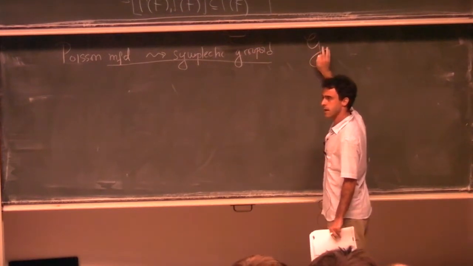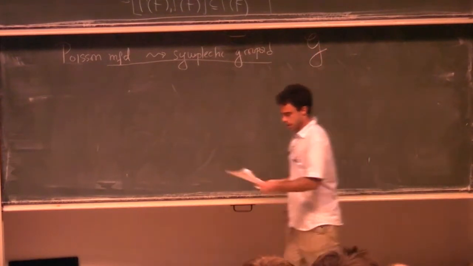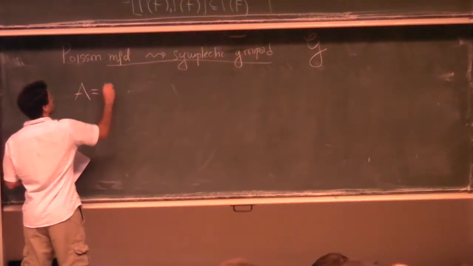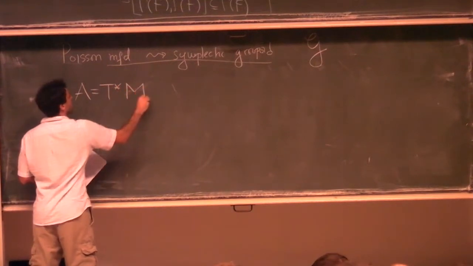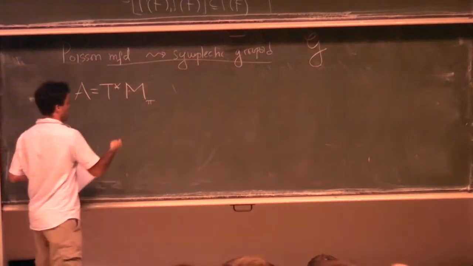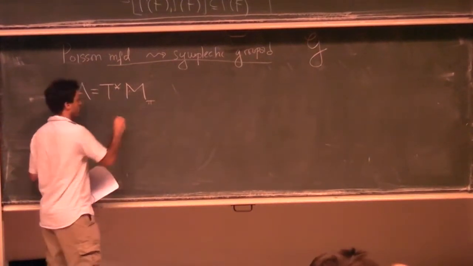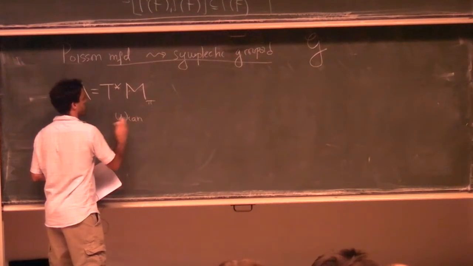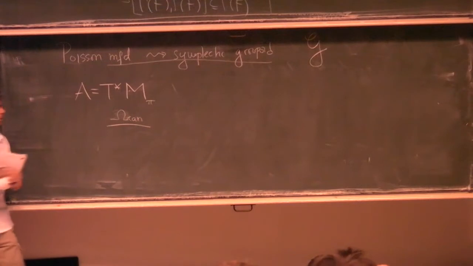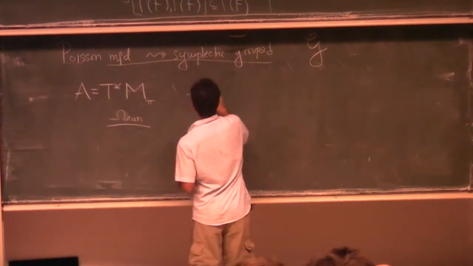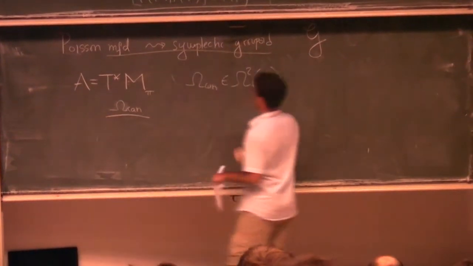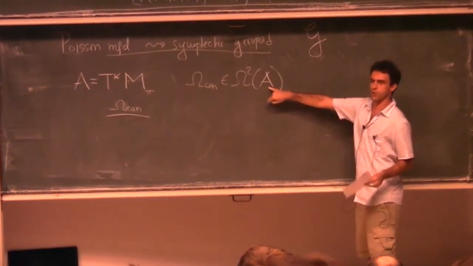So why does it inherit a symplectic structure? And here the point is just that in this case A is T star of M with a certain algebroid structure, but T star of M is a symplectic manifold, so this has a canonical symplectic structure. Right? So the canonical symplectic structure is a two-form on the total space of your algebroid.